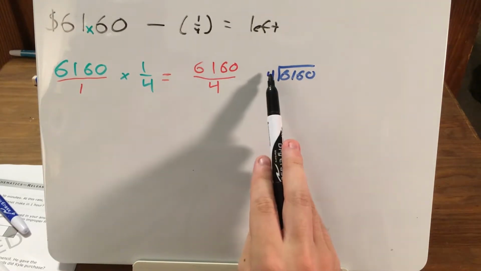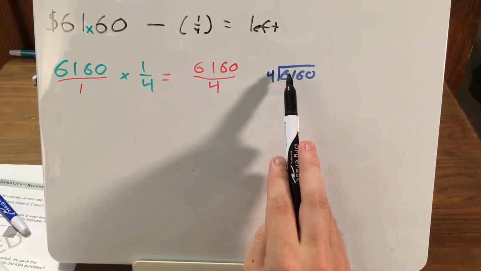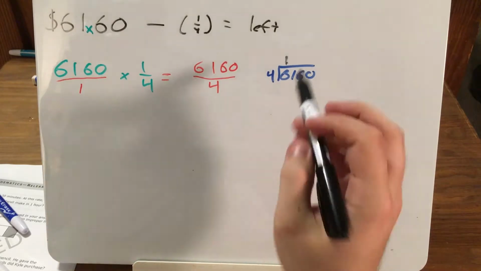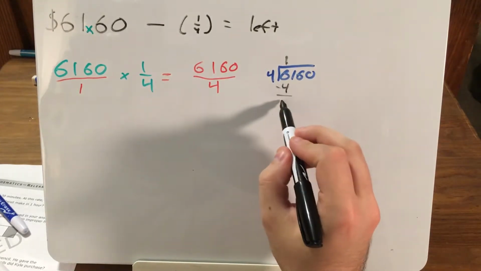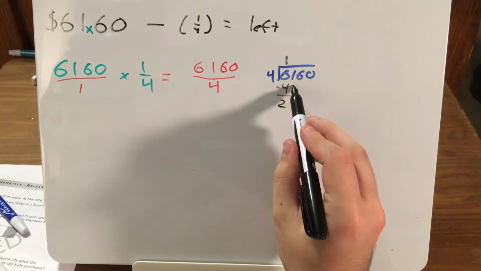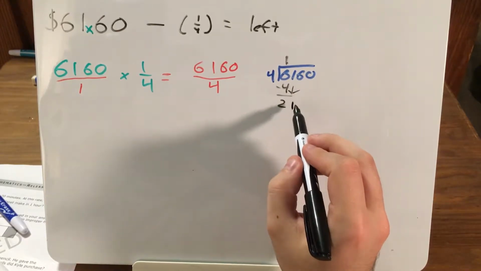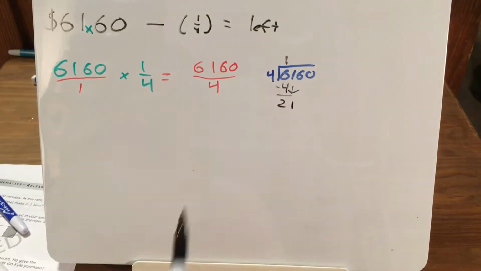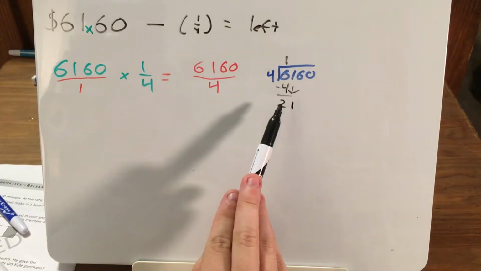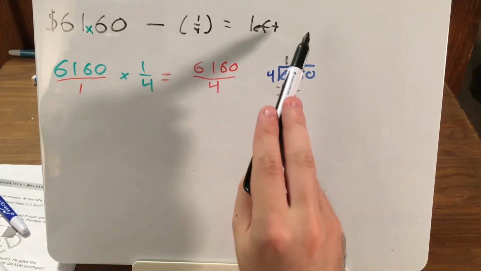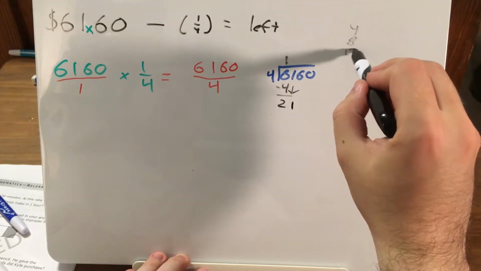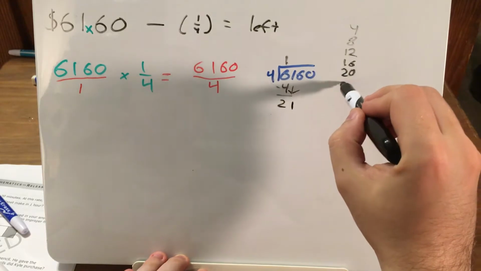So to start with, let's see how many times 4 goes into 6,000s. 4 goes into 6 one time. Cool, and we get rid of 4 of those thousands. We're left with 2 thousands. I bring down the number in my hundreds place, and this is essentially 21 hundreds. So now I'm seeing how many times 4 can go into 21 hundreds. Now I'm going to need my times tables here. 4, 8, 12, 16, 20.